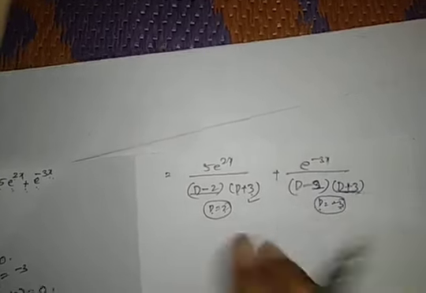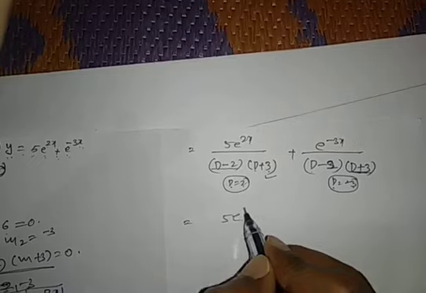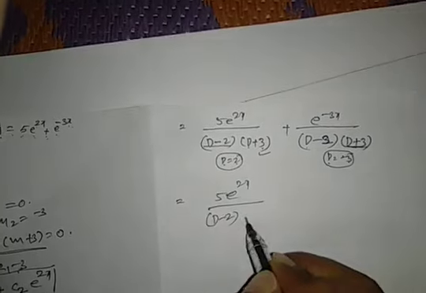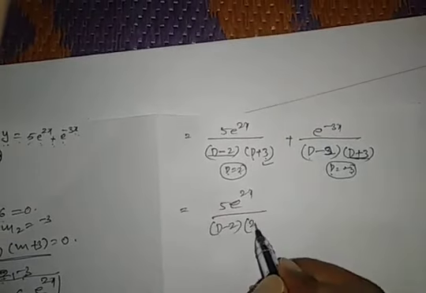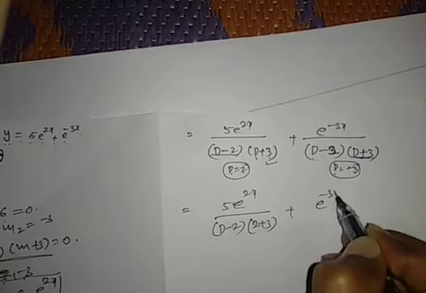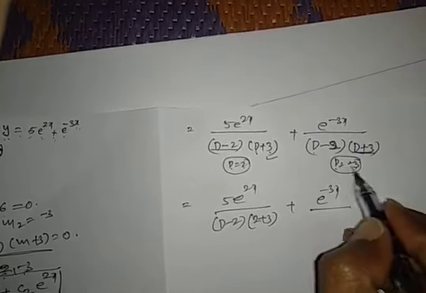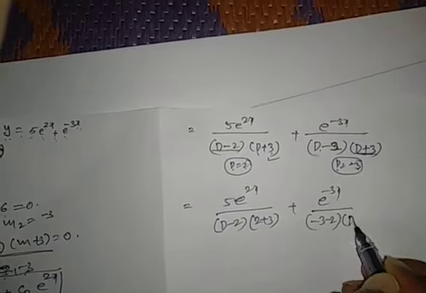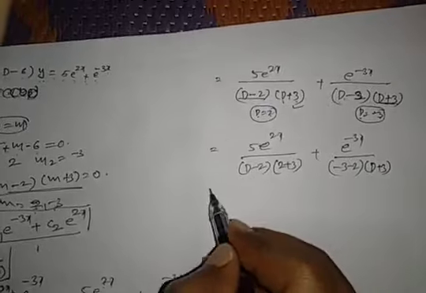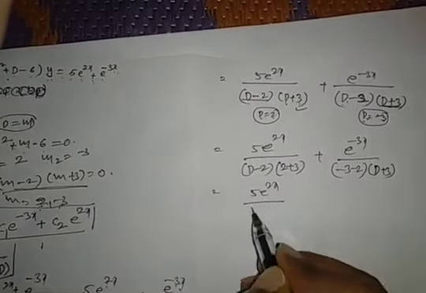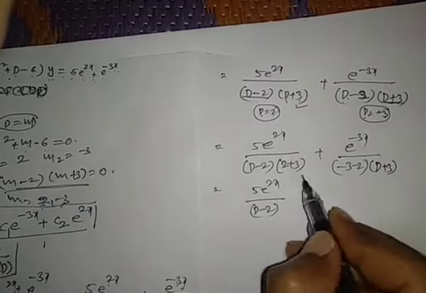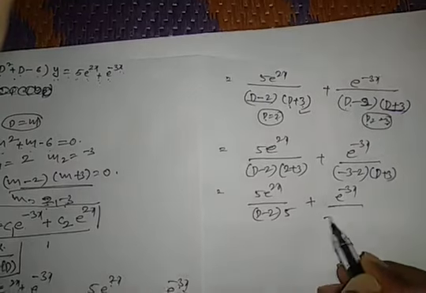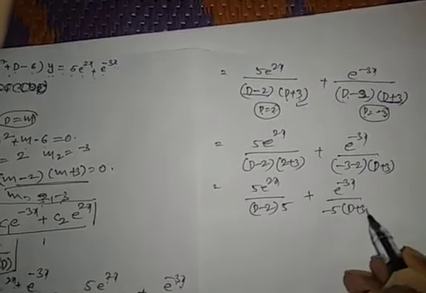So just substitute in D minus 2 only. That is equal to 5 e to the power of 2x by (D minus 2) into 5, plus e to the power of minus 3x by minus 5 into (D plus 3).